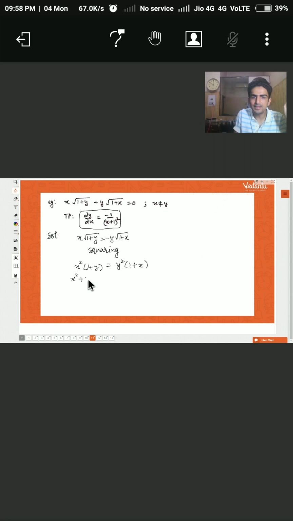Now it is x square plus xy minus y square minus xy square. Okay, so now these two together and these two together, perhaps that's x square, and try to see here, this is x minus y into x plus y, and this is xy common times x minus y.